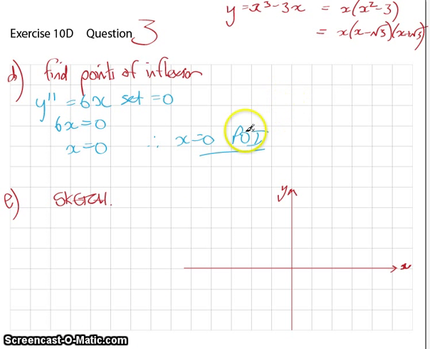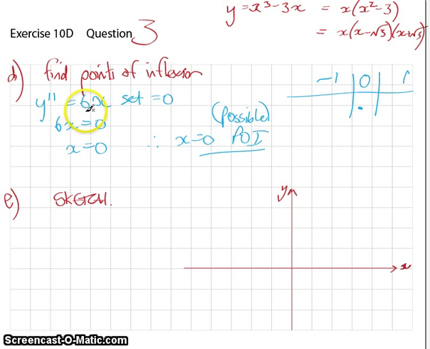I need to test it, and then I can remove the word possible. So let's just have a look here. At x equals 0, I need to test something that's a little bit to the left of it and a bit to the right. A point of inflection is where it changes concavity from concave up to down or down to up. I know it's 0 here.